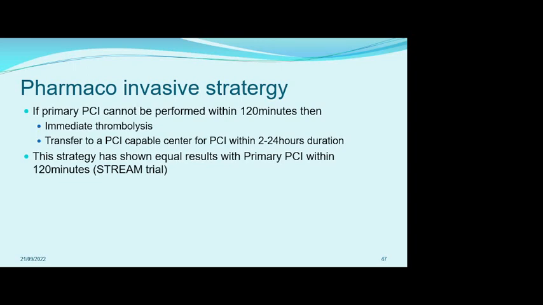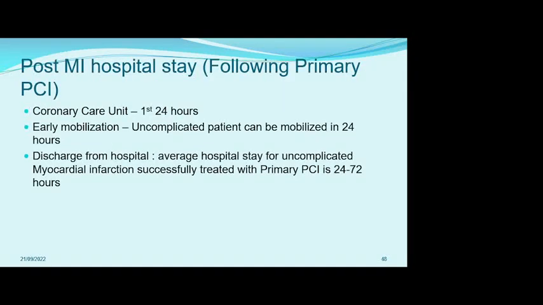Irrespective of the response, you transfer for PCI. That is pharmacoinvasive, and it's done in foreign countries. Unfortunately, we cannot accommodate all the MI patients in this region to do this. This has shown almost equal results compared to primary PCI alone.